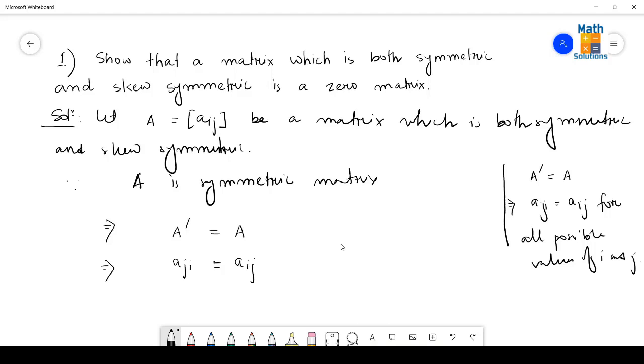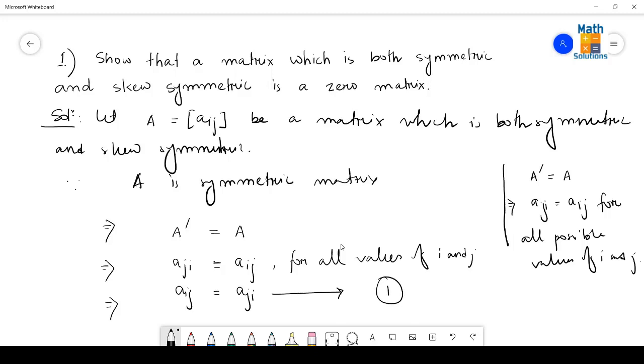Let us take this reversely: AIJ is equal to AJI, for all values of I and J. This is in accordance with the definition of a symmetric matrix. Let us mark this as equation 1.